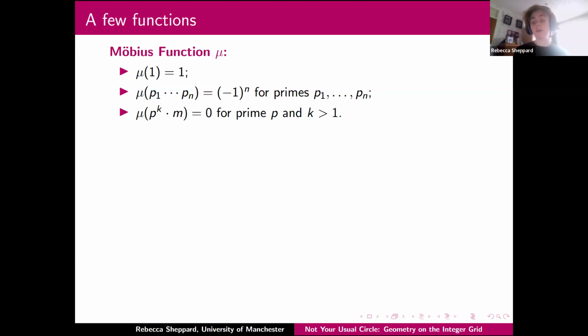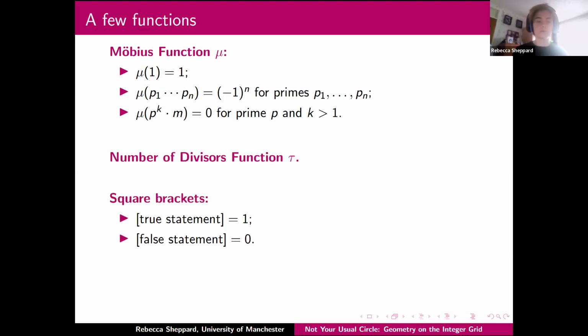So the Mobius function gives 0 when we have a repeated prime number. There's the number of divisors function tau, which says the number of divisors that this has. The square brackets: if there is a true statement in square brackets, this returns 1, and when there's a false statement in square brackets, this is 0.